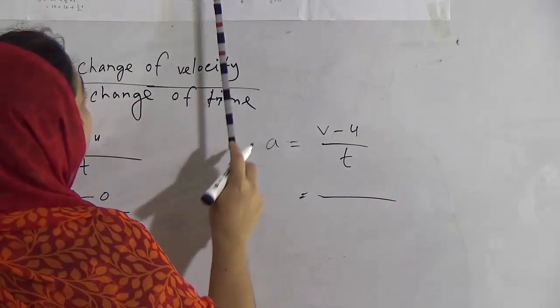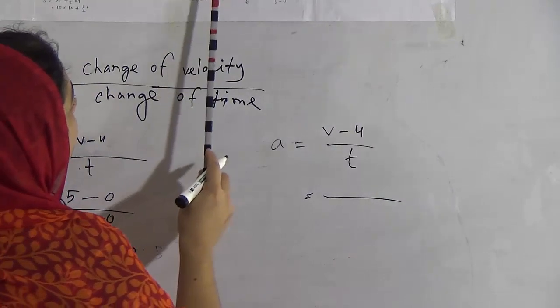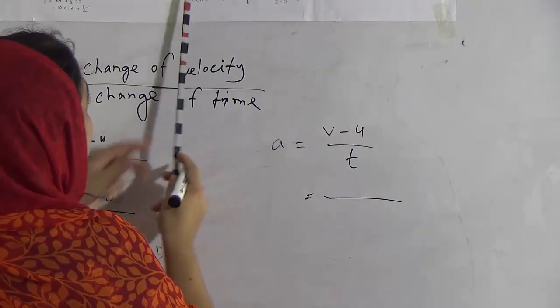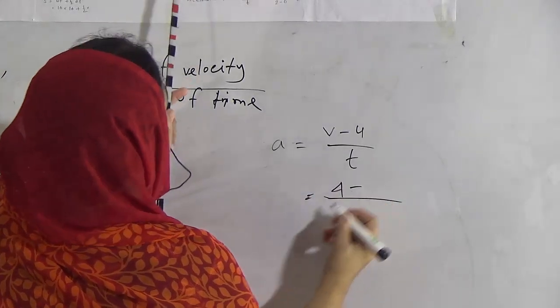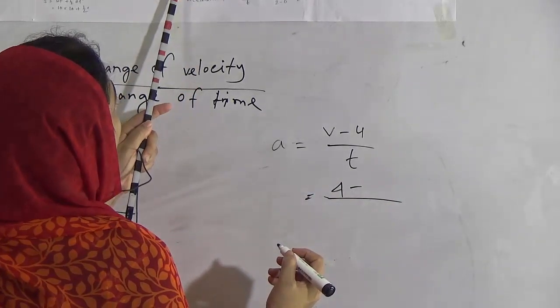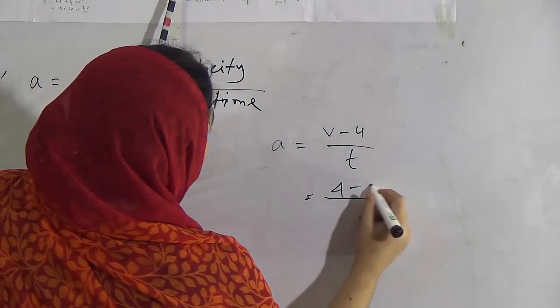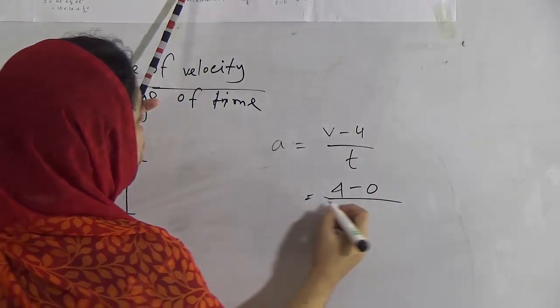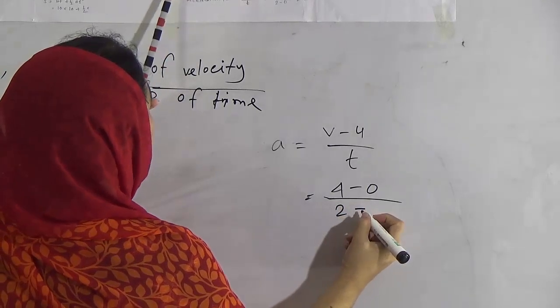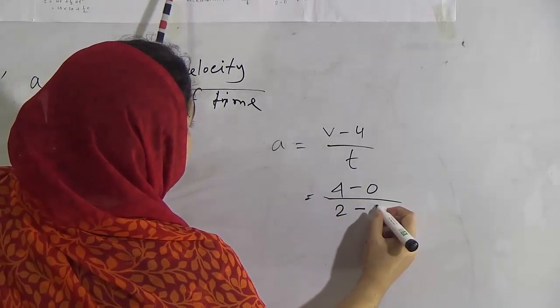So at the OP point, the final P point velocity is 4. See here, the P point velocity is 4 meters per second and the O point velocity is 0. The P point time is 2 seconds minus the initial time 0.